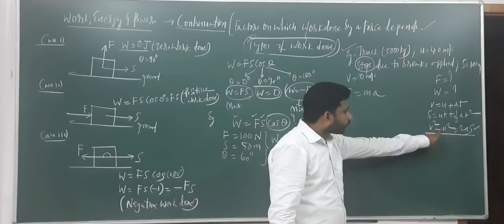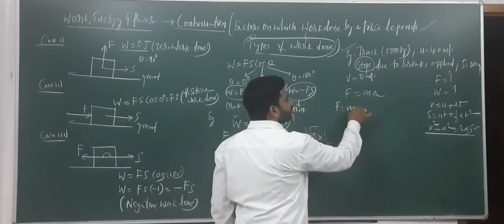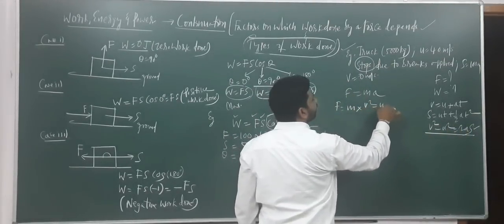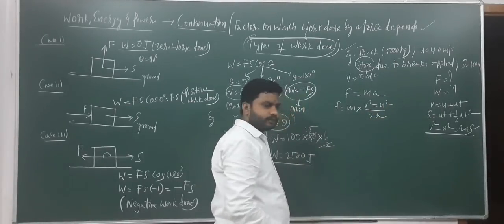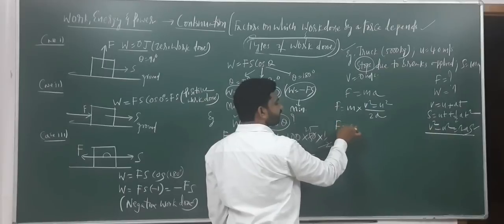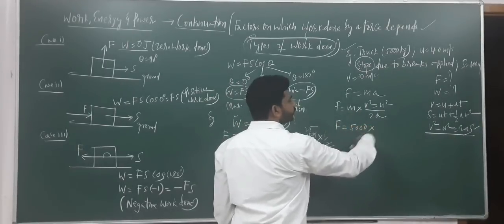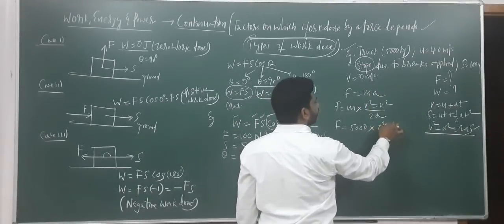From this, what can I write? F is equal to m into a. This a will be v square minus u square by 2s. We substitute everything. F is equal to m. What is m? 5000 into. What is v square? v square is 0 square, minus.